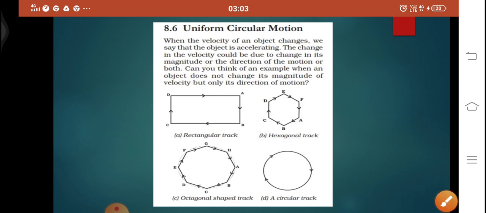See, we are discussing circular motion, but we are discussing uniform circular motion, in which the speed of the particle remains the same, but it is changing the direction. Here it changes the direction 4 times, here 6 times.